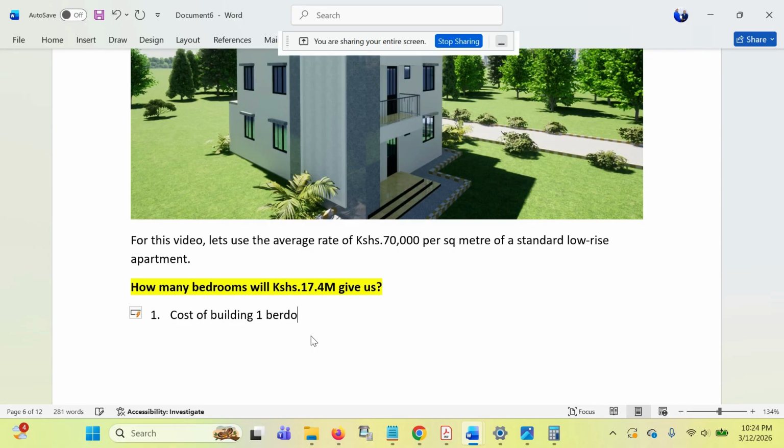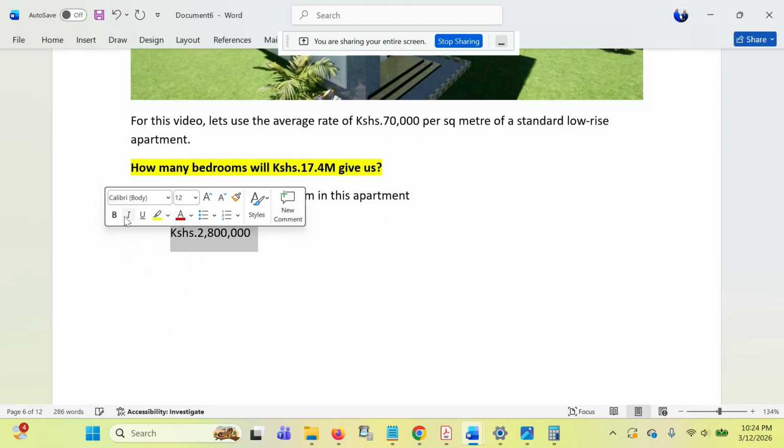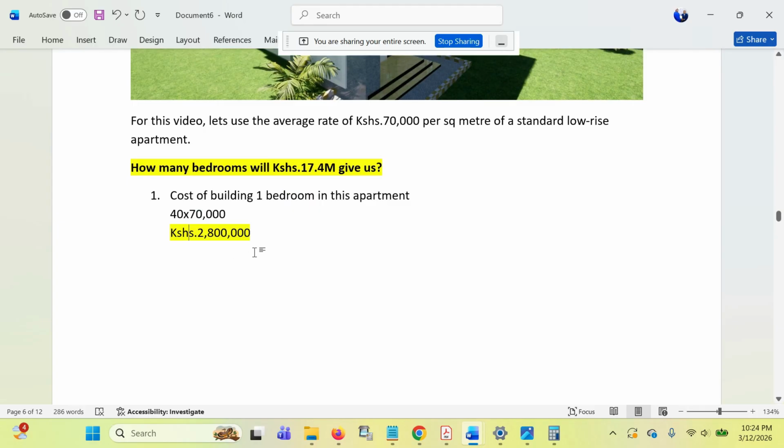You first get the cost of building one bedroom in this apartment.